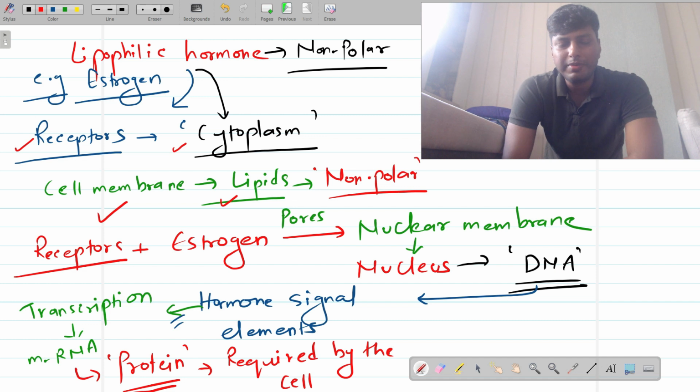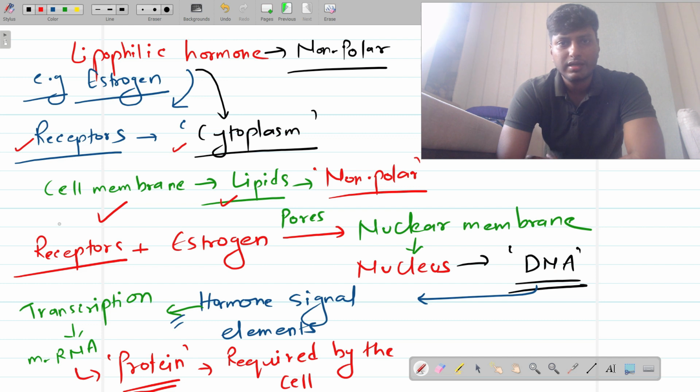Okay, so let me revise once again. How does the signaling occur in case of a lipophilic signal? When I say lipophilic signal, it means that these signals can easily pass through the cell membranes. How can they easily pass through the cell membranes? Because the inner part of the cell membrane is basically non-polar, because it is made up of lipids.